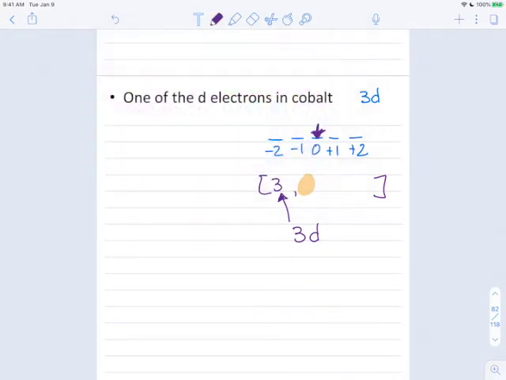There we go. All right. So we said this one right here would be a 2, and that 2 is because we have a d orbital. So any questions about why the second number will be a 2? All right. Then we chose to put that electron in 0.